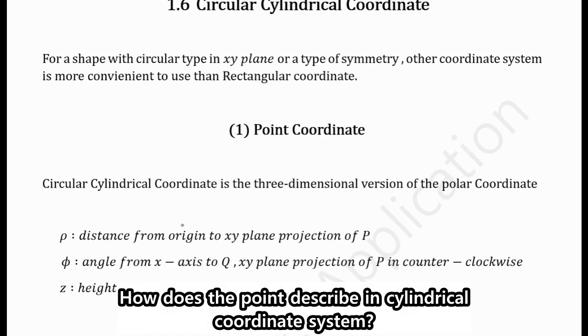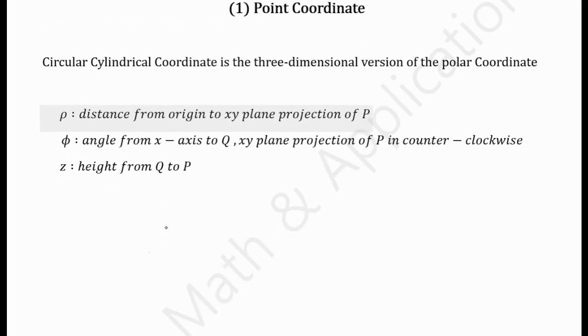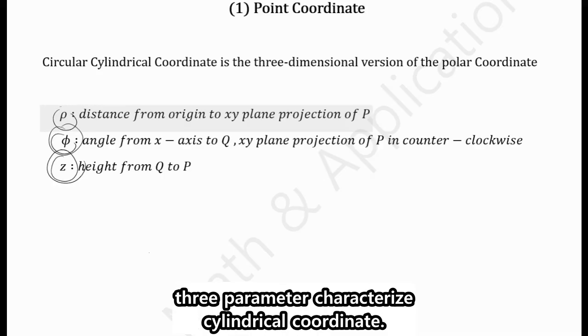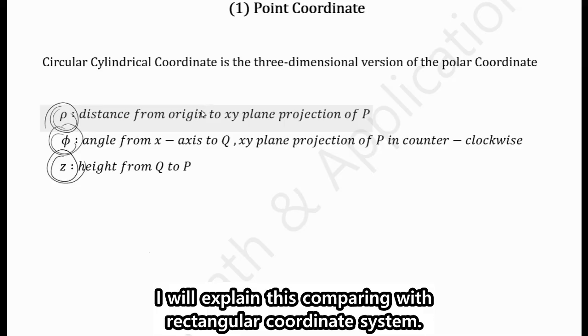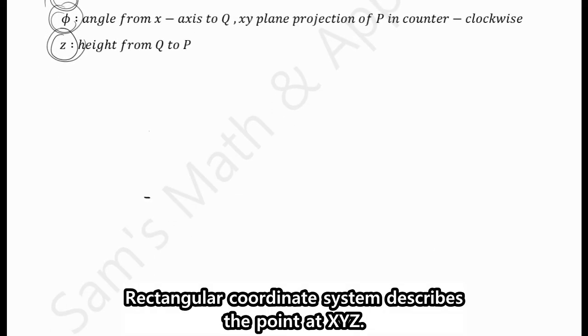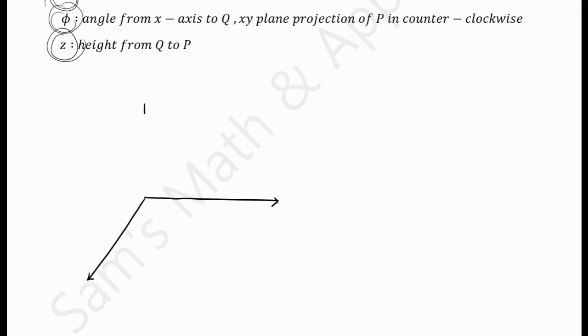How is a point described in the cylindrical coordinate system? In cylindrical coordinates, rho, phi, z, these three parameters characterize the system. I will explain this by comparing with the rectangular coordinate system. The rectangular coordinate system describes a point as x, y, z.